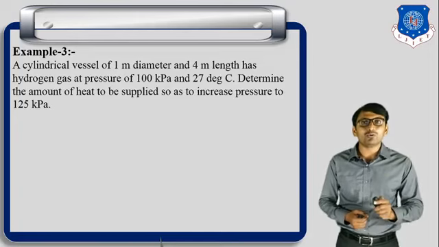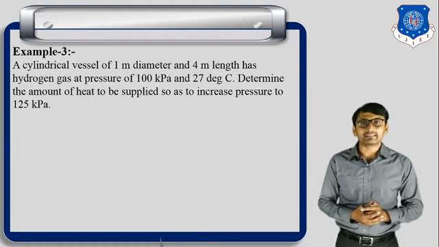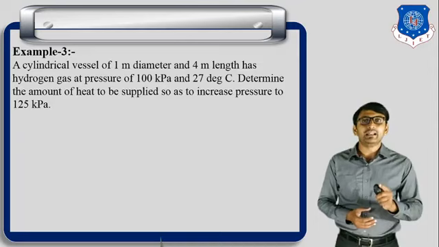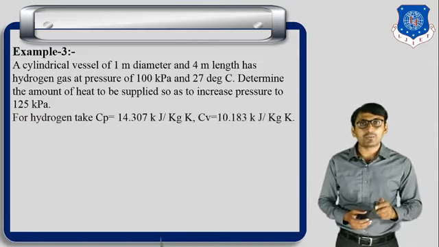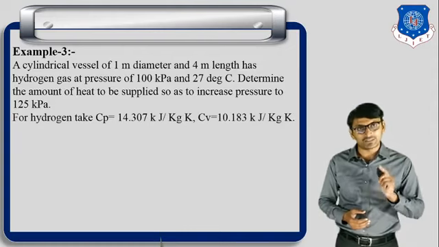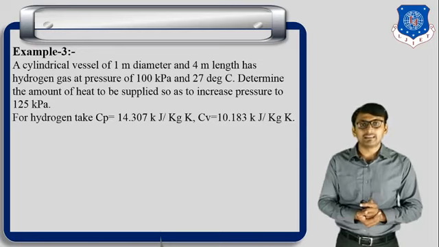Calculate the amount of heat to be supplied so as to increase pressure to 125 kilopascal. So this is example of constant volume process, because volume of cylindrical vessel remains constant.